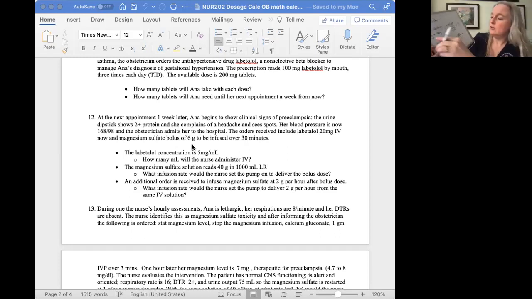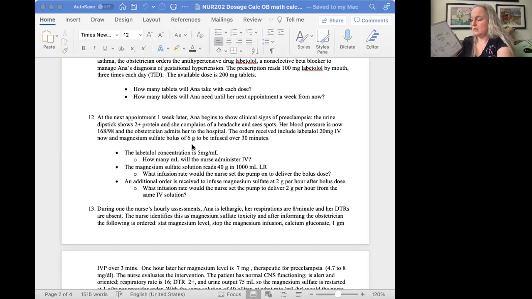All right. So if we do 1,000 times 6 grams times 60 minutes in an hour, then this is going to be 360,000 over 40 times 30 times 1, 1,200. And so now we need to divide this out.